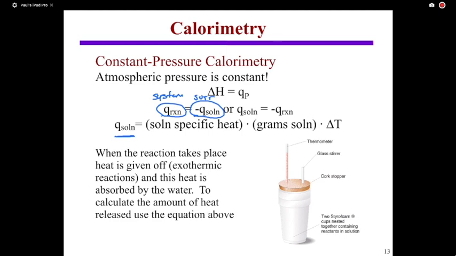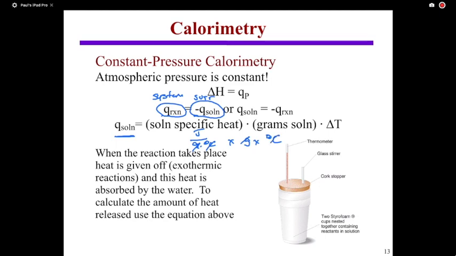It is mathematically this. The specific heat is something that's going to be in joules per degree per gram. So to get joules, you have to multiply by grams to cancel out grams, and you have to multiply by a change in temperature. And so grams cancel out, Celsius cancel out.